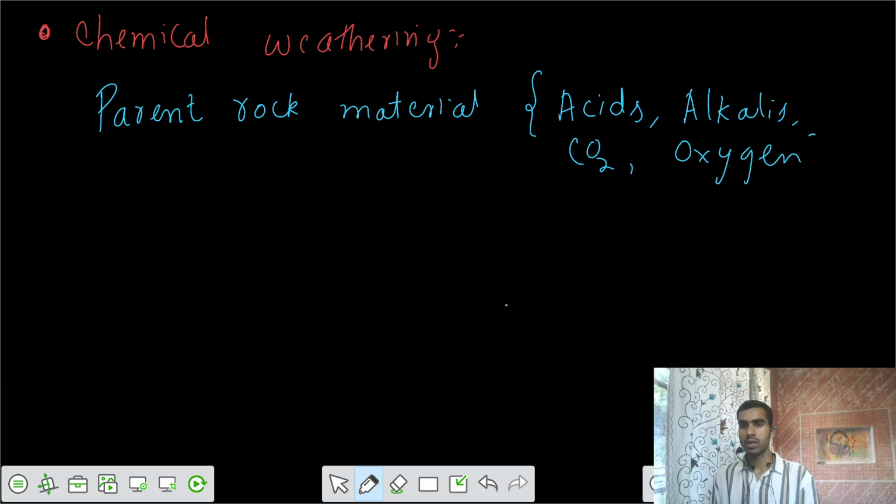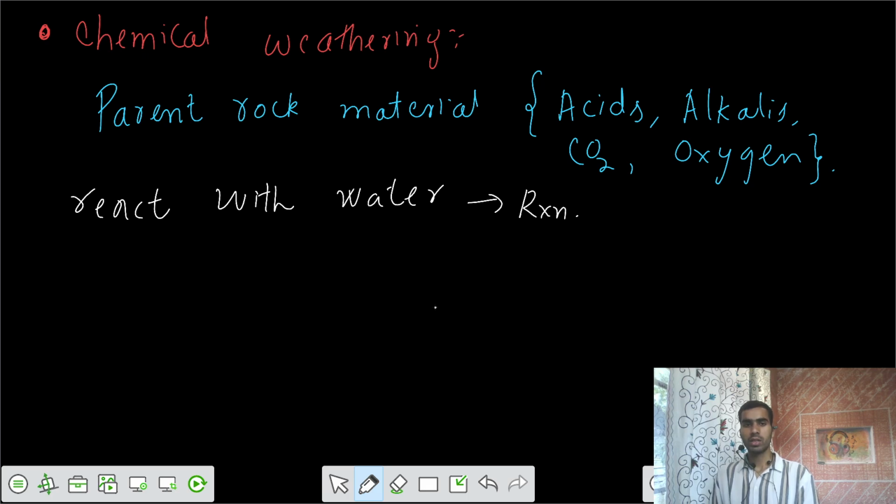So if the parent rock material is having any of these, or a combination of these, when they react with water, what's going to happen? Your chemical reaction is going to start. Because of that chemical reaction, the resulting particles would have a chemical composition different from the parent material.